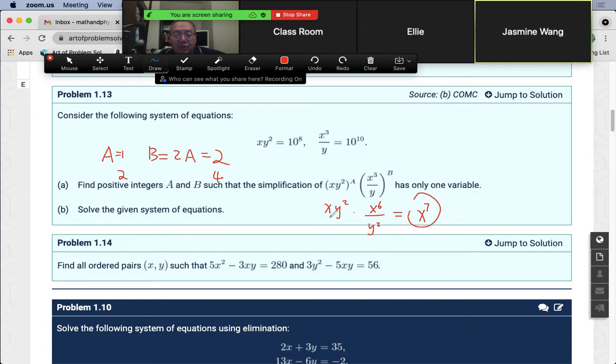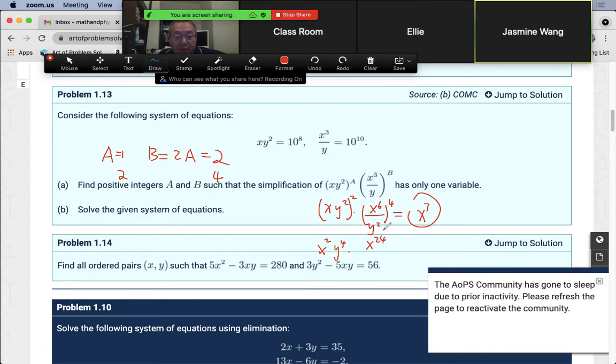So if this one's 2, this one will be squared, then b will equal 4.